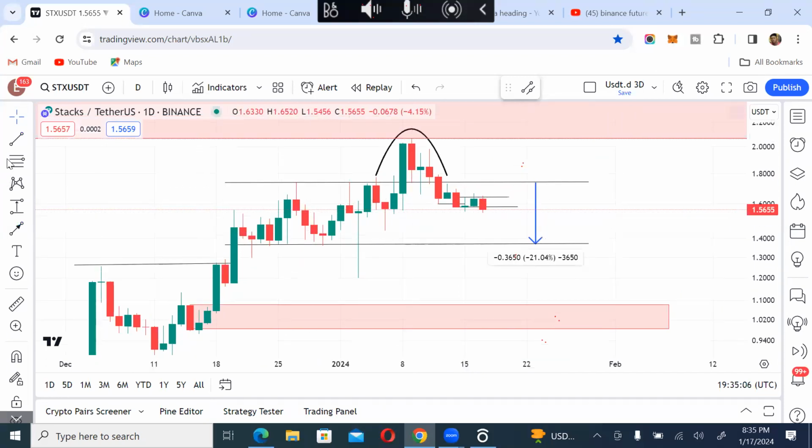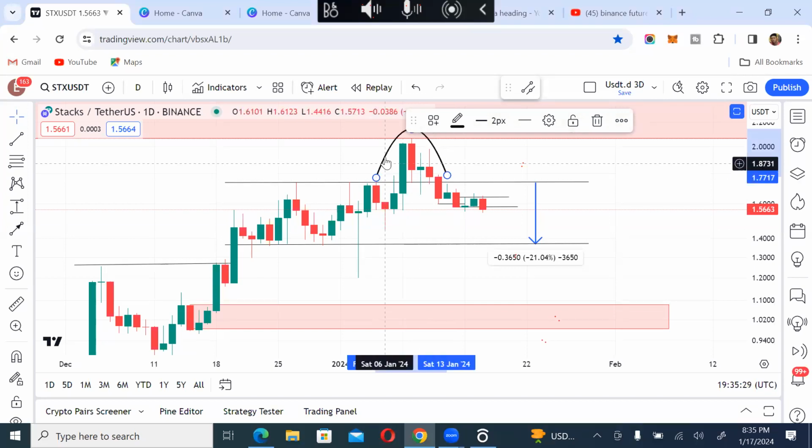Now, when price goes out of this range, all right? When price goes out of this range, this now is called a fake out. This point here is called a fake out. It's called a trap.